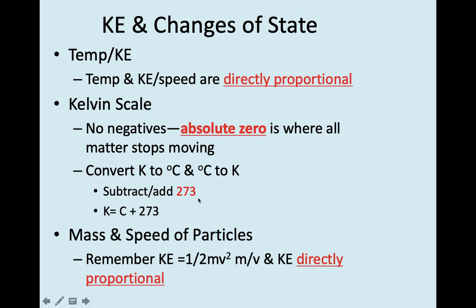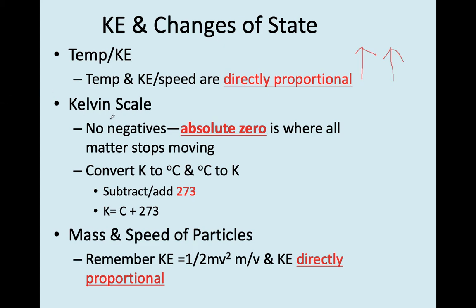What that means is if we see the temperature increase, we would also see the kinetic energy of our system increase. When one goes up, the other goes up. So they are directly related. They will both go up or both go down.